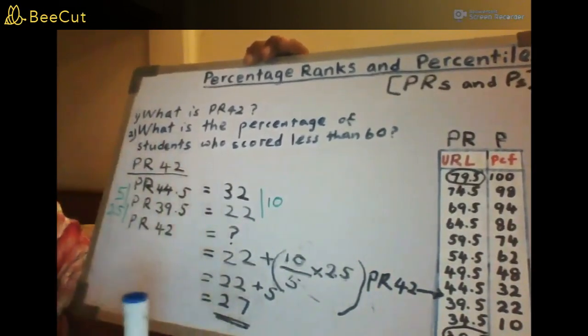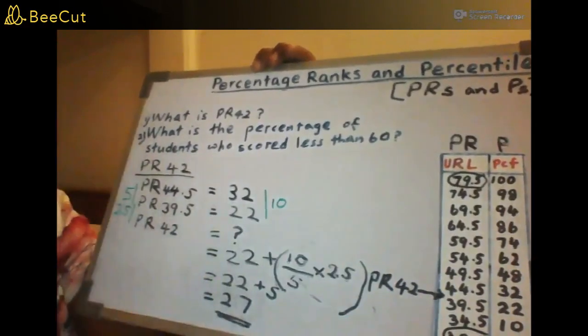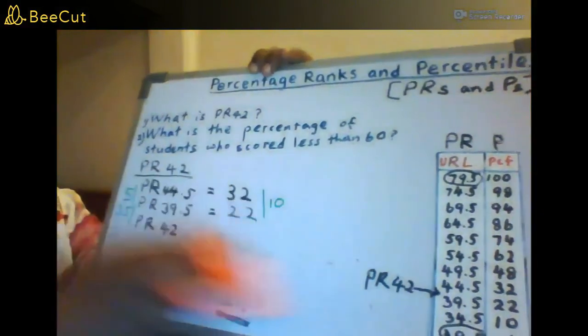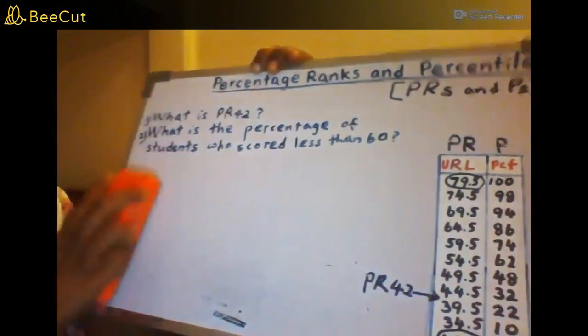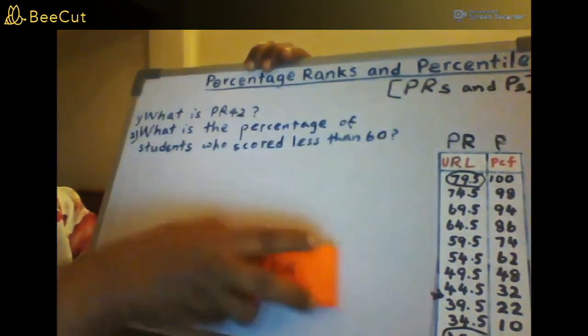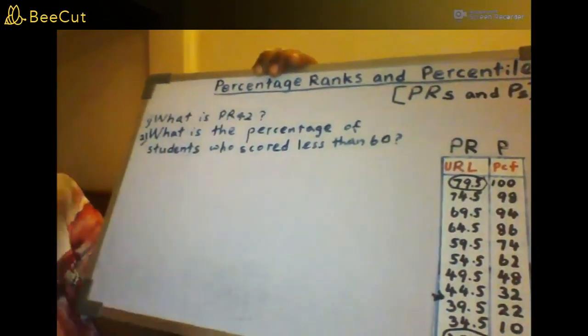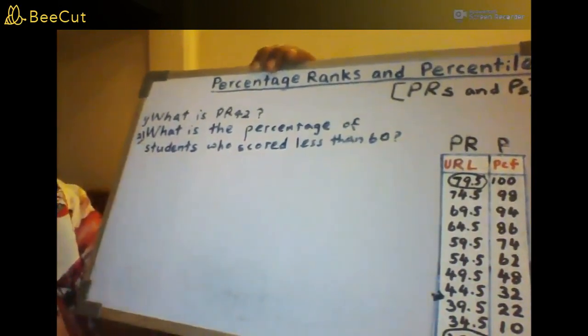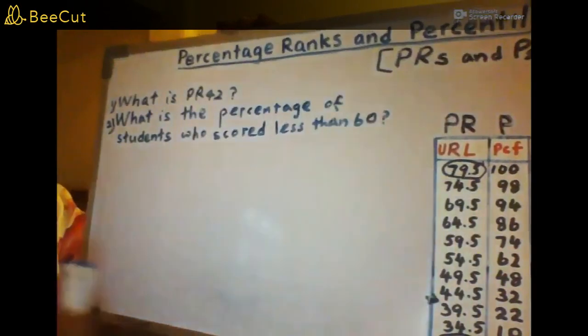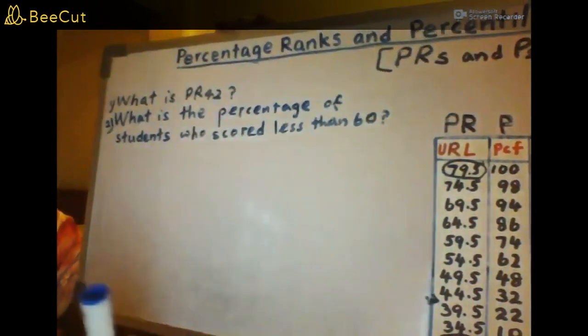We'll do another problem. We are going to do the second one now. The same theory. What do we have to do now? Read the question. What is the percentage of students who scored less than 60?